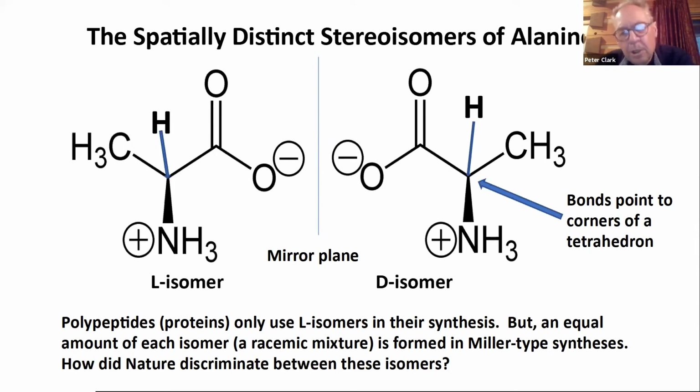So how could you possibly then get a system that can distinguish between these two stereoisomers, which have identical energies and therefore should react at the same rates with different compounds? The answer is given in the next slide.